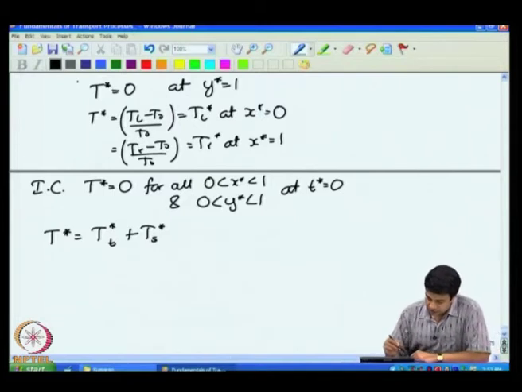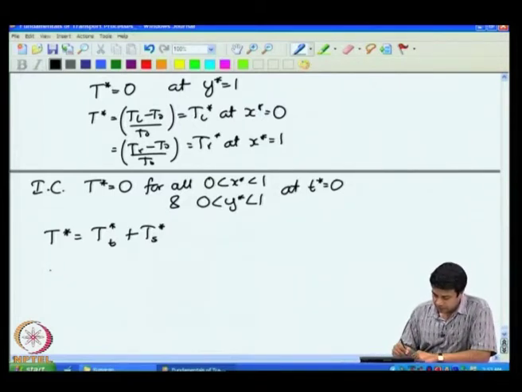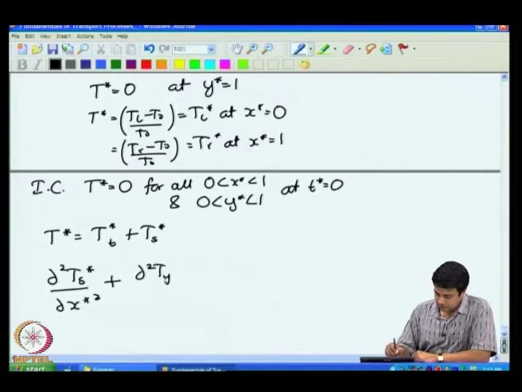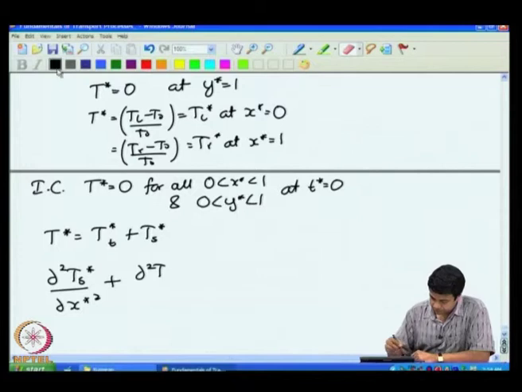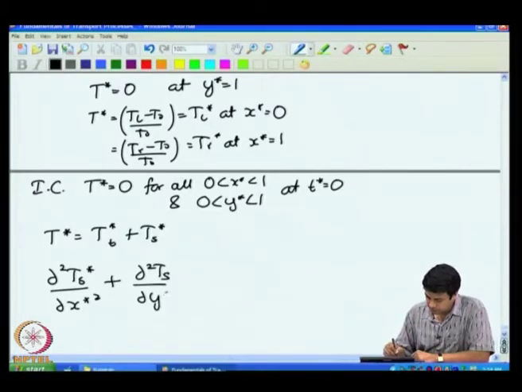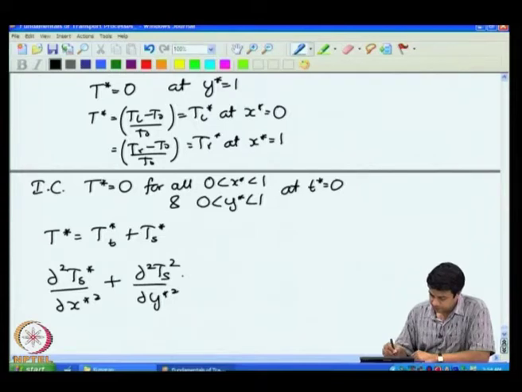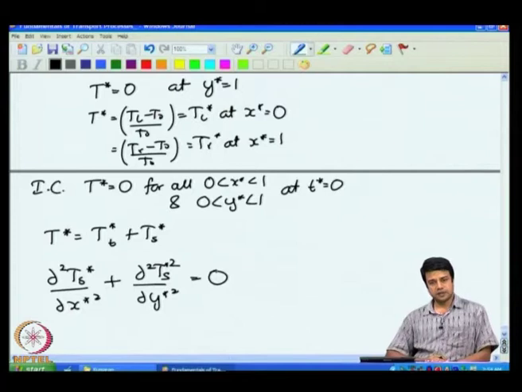So, for the steady problem, the equation becomes d square T s by d x square plus d square T s by d y square is equal to 0, because there is no variation in time.